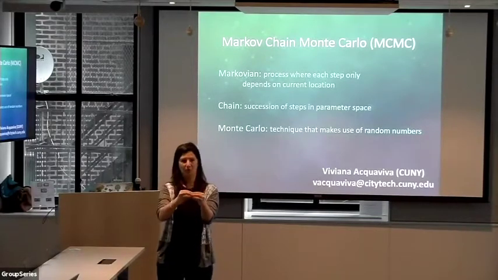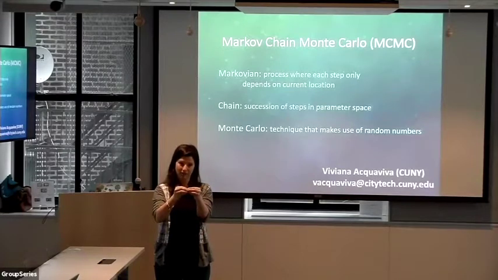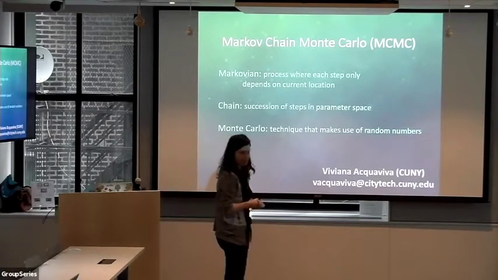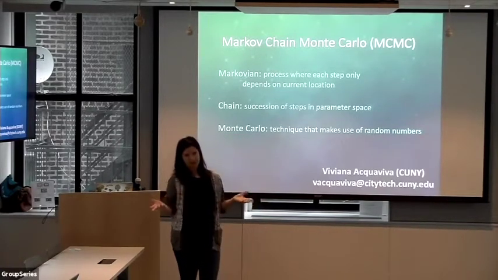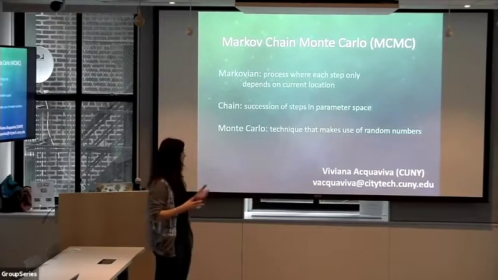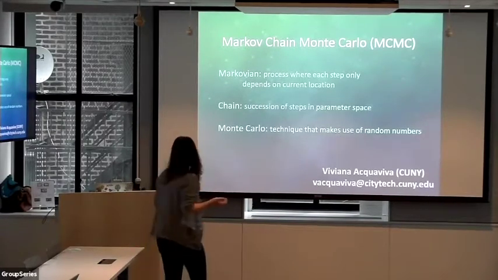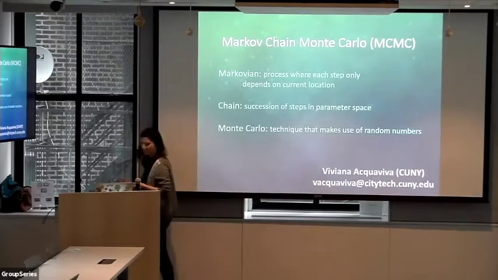When you are in one place, your current location and the knowledge of where to go next are the only things that you use. A chain is just a sequence of steps, often in parameter space if you're doing inference, which is what we'll be doing. And Monte Carlo just means that we use random numbers in some way. But I figure it's good to know why it's called MCMC.